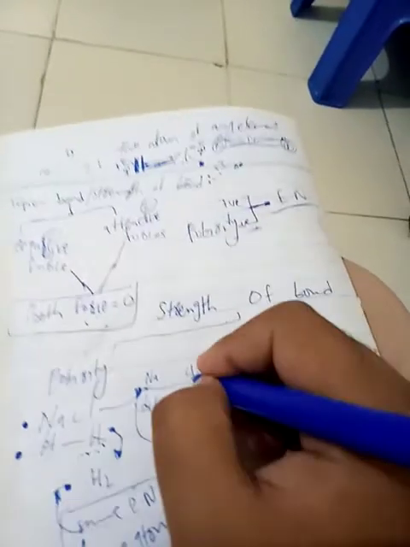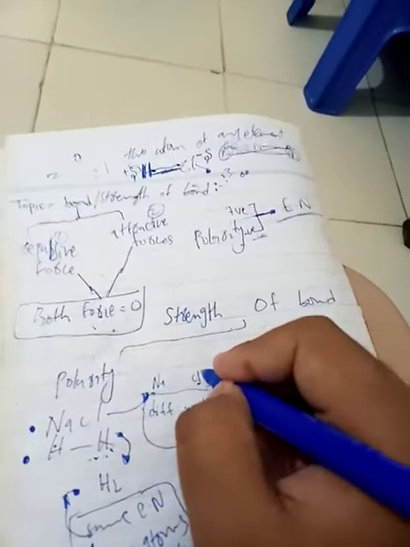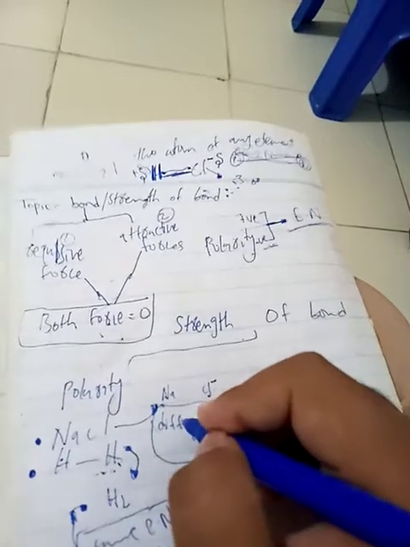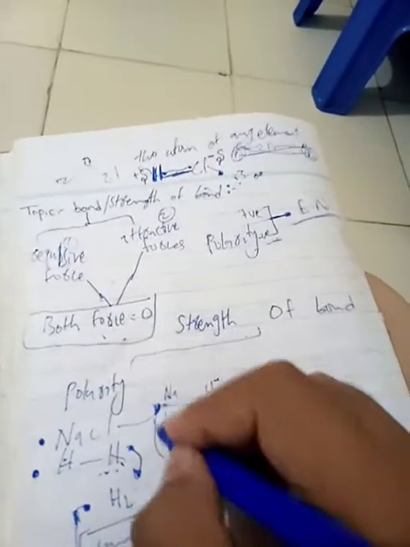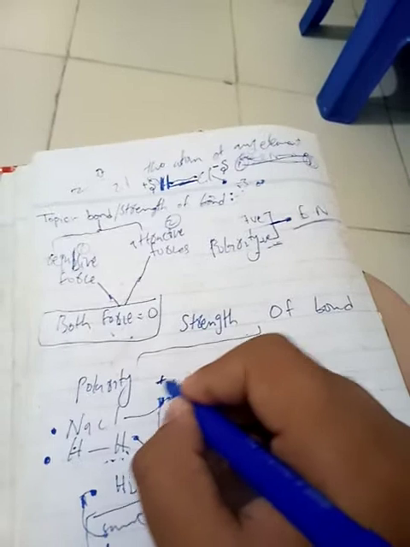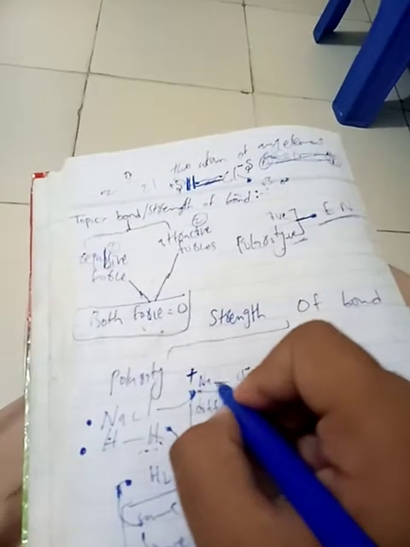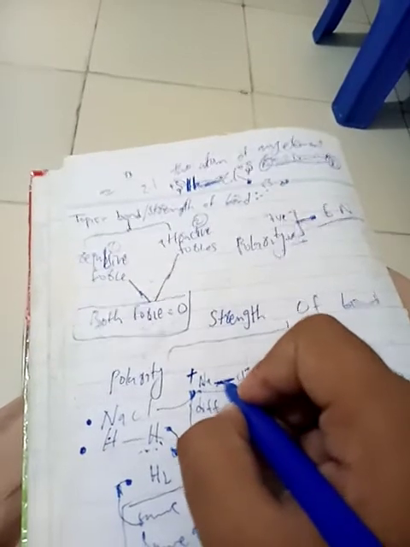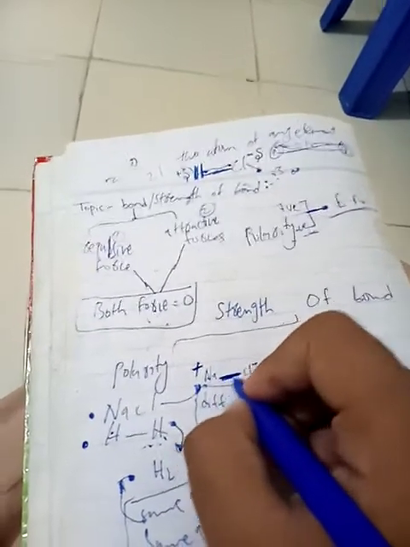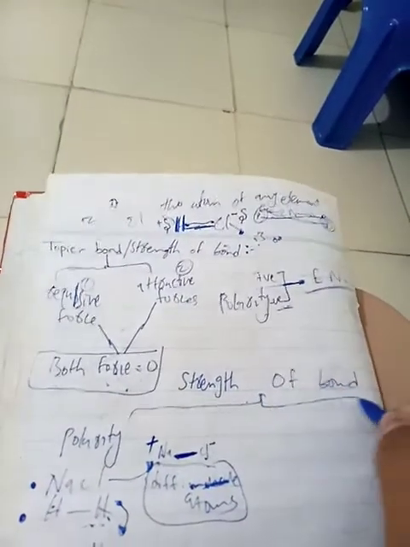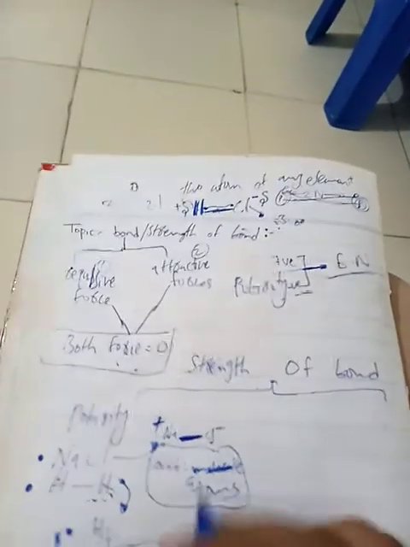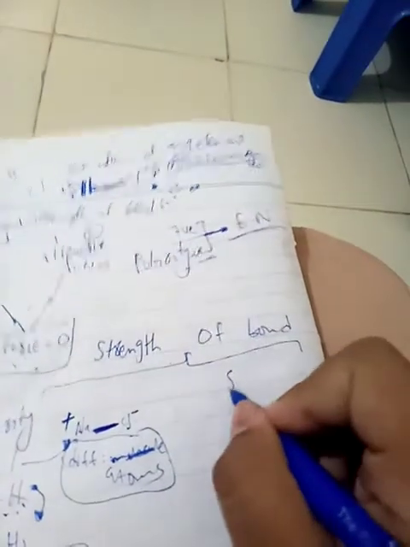Because the electronegativity of chlorine is higher, it will try to take the electron and will get a negative sign, and sodium will lose its electron and will get a positive sign. And because they have positive and negative sides, there will be a lot of attraction, forming a bond.